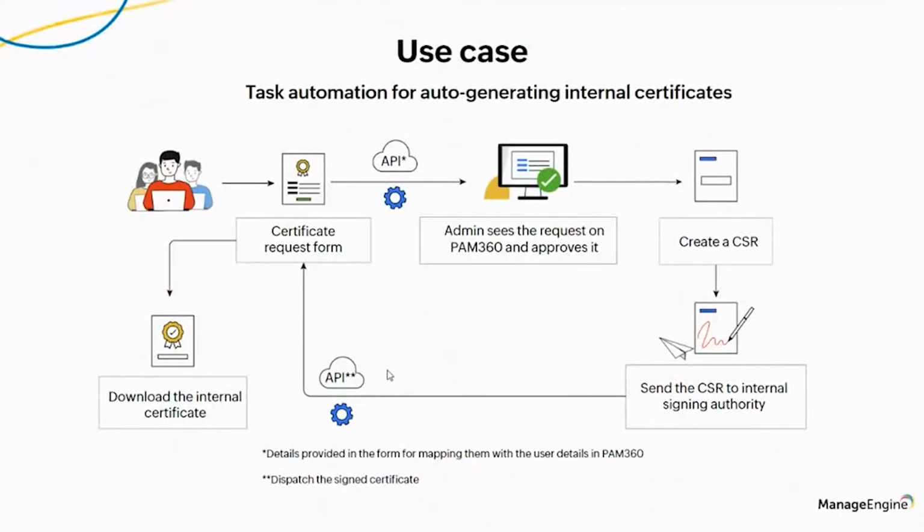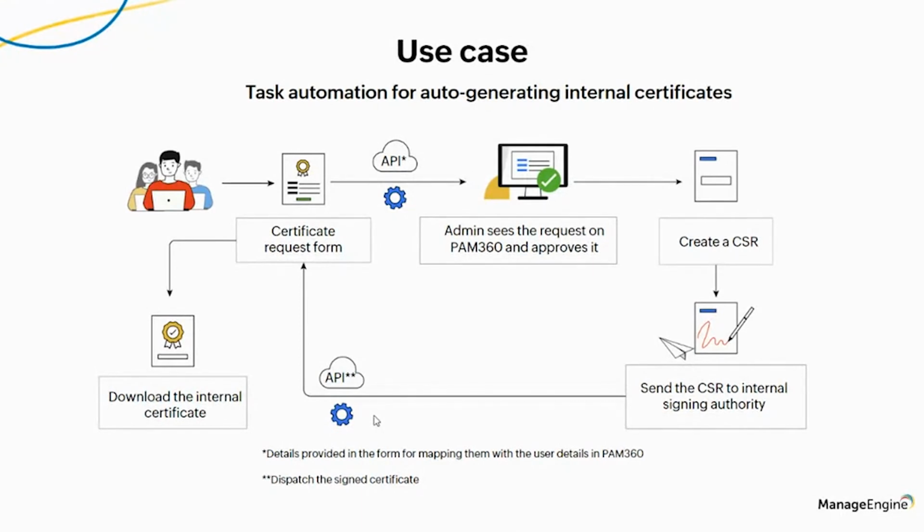Let's say in your company, you're using PAM360 for certificate management. So PAM can manage the end-to-end life cycle of your certificates. You have application teams and database teams, and they need certificates every day for different purposes. Today, they're probably sending you an email, raising a ticket.